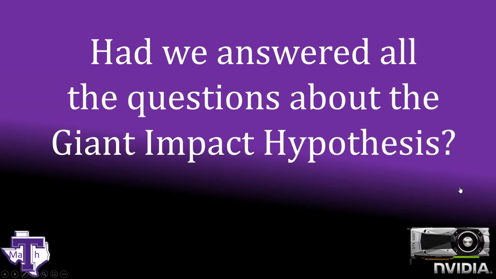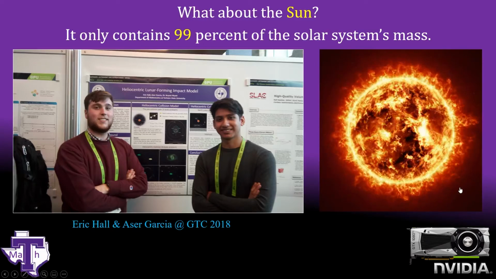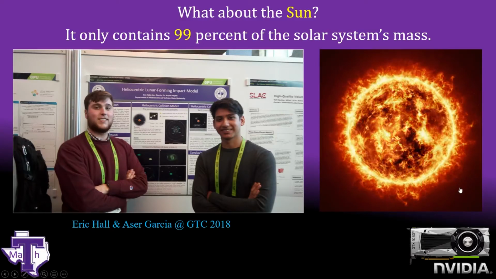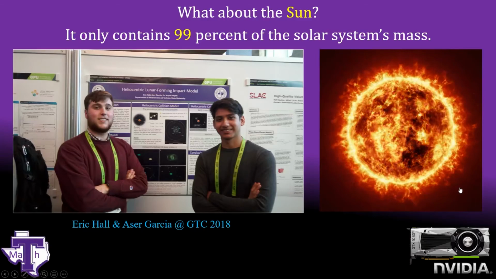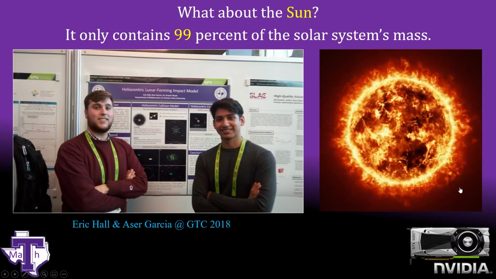Now, that set of students graduated, and we thought, had we answered all of the questions about the giant impact hypothesis? Well, we thought there is a big thing out there. It's called the sun, and it's 99% of the mass of the solar system, and that hasn't been in any of the simulations.